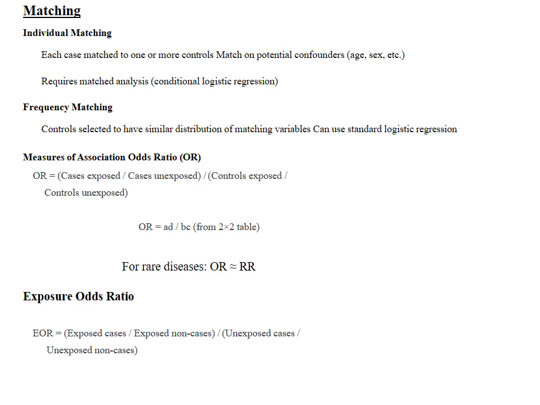These are the formulas you can use to measure association: odds ratio, and for rare disease, odds ratio is equal to RR, risk ratio. Exposure odds ratio, EOR equals exposed cases divided by exposed non-cases, divided by unexposed cases divided by unexposed non-cases.